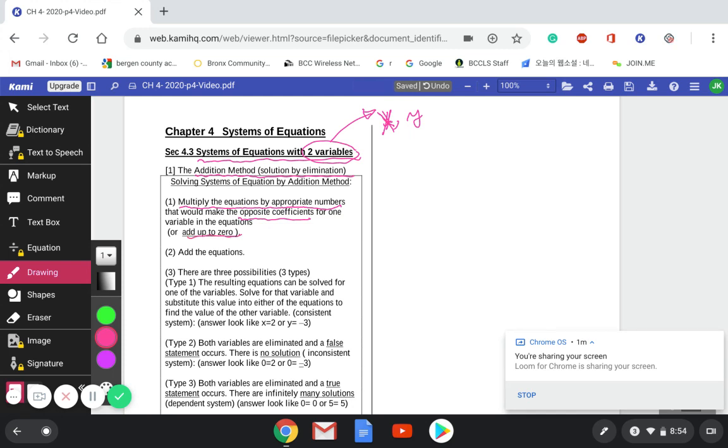They cancel out. For example, if you have 2x with a negative 2x, by adding up by column, you end up with a zero. That's the concept that we are going to use.